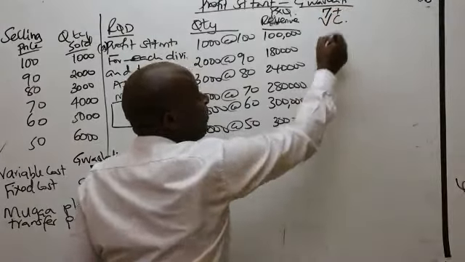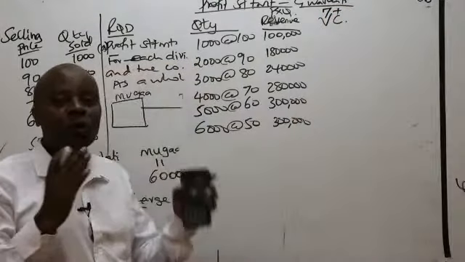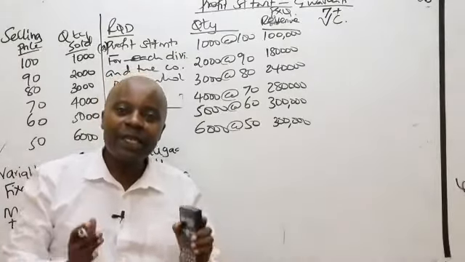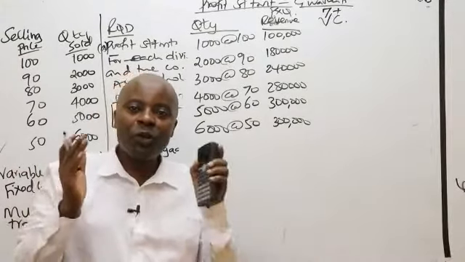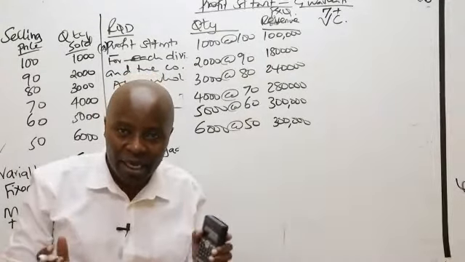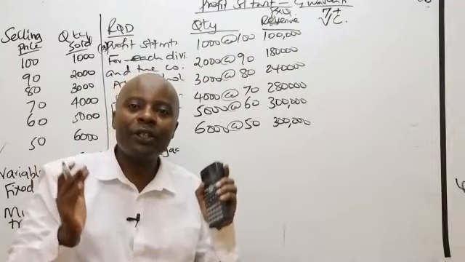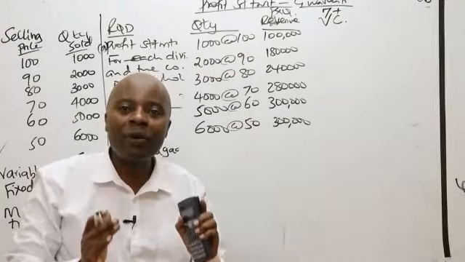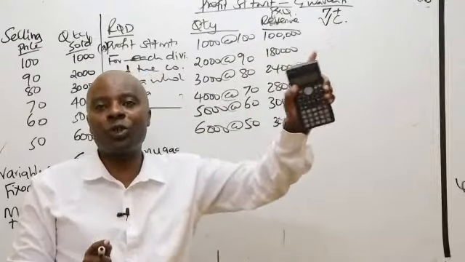But remember, when you are treating divisions independently, transfer price is always relevant and it will be treated as a variable cost on the buying division.